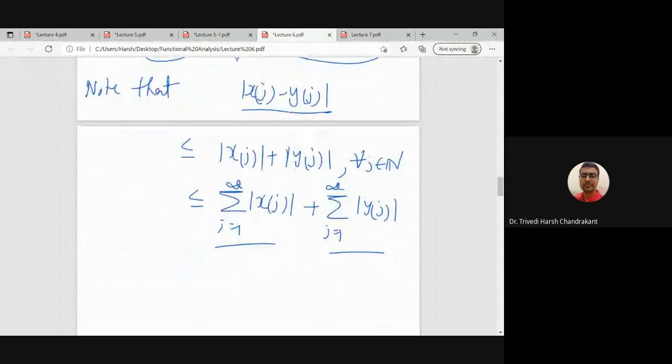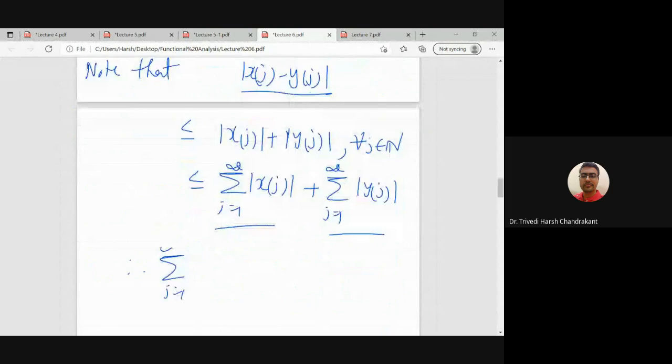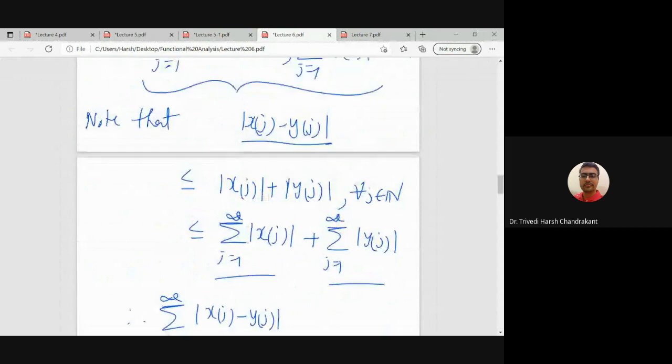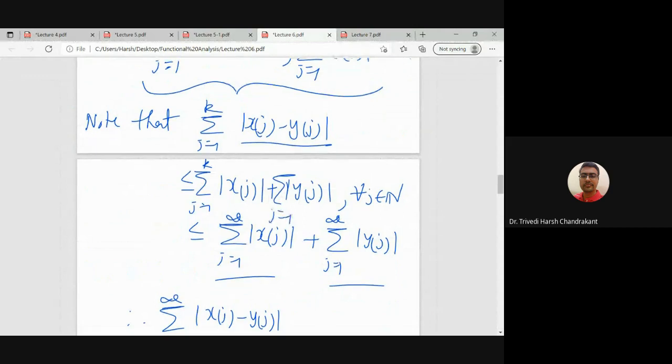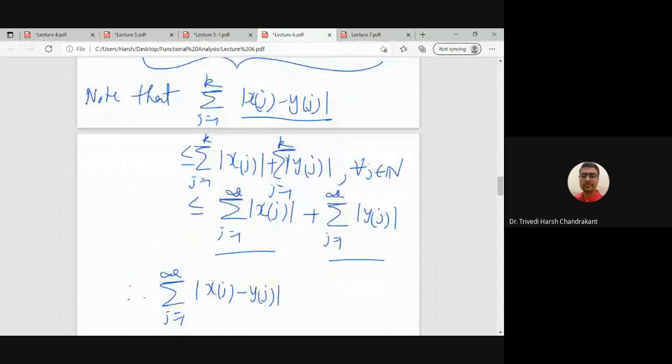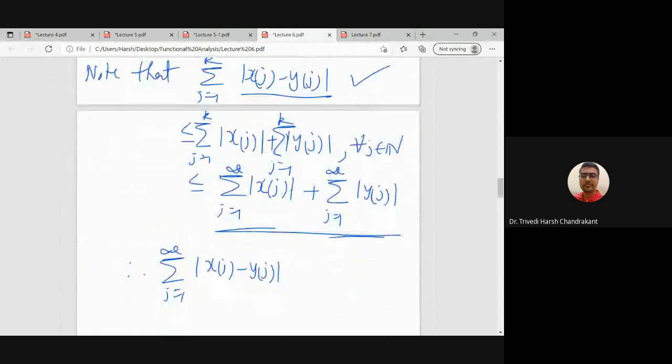And that means this term is less than or equal to these fixed numbers, right? So if you take summation, again this is a monotonically increasing bounded above sequence. So first we can actually take the summation over finitely many terms, so let's say 1 to k. So basically we are comparing the partial sum, and then we can take the limit k tends to infinity. So now this is a sequence of partial sums bounded above with non-negative terms.